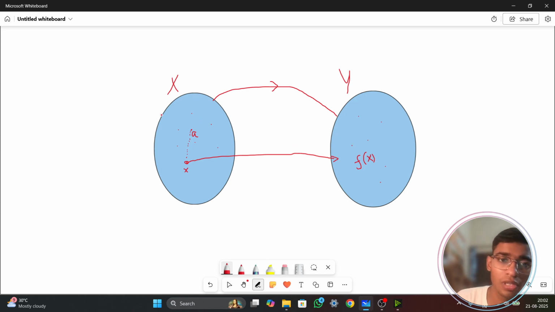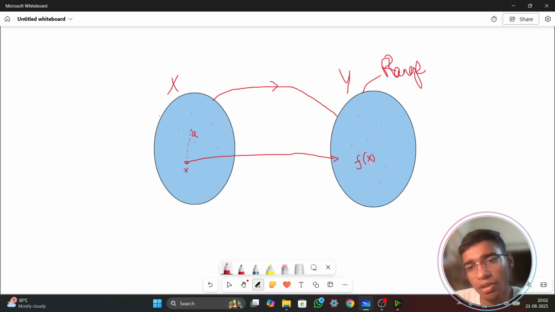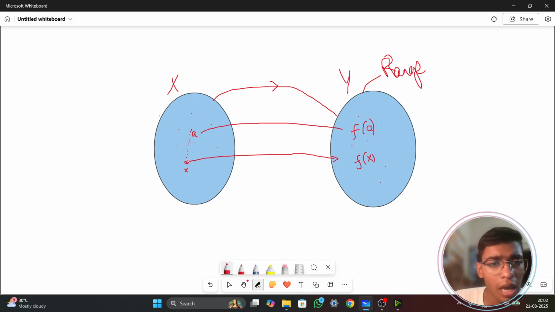All the values here in X are in the domain, and all the values here are my range values. That is what we got to learn from the definition of functions. So for every x, I would have an equivalent f(x) in my set Y, and for every a, I would have an equivalent f(a).